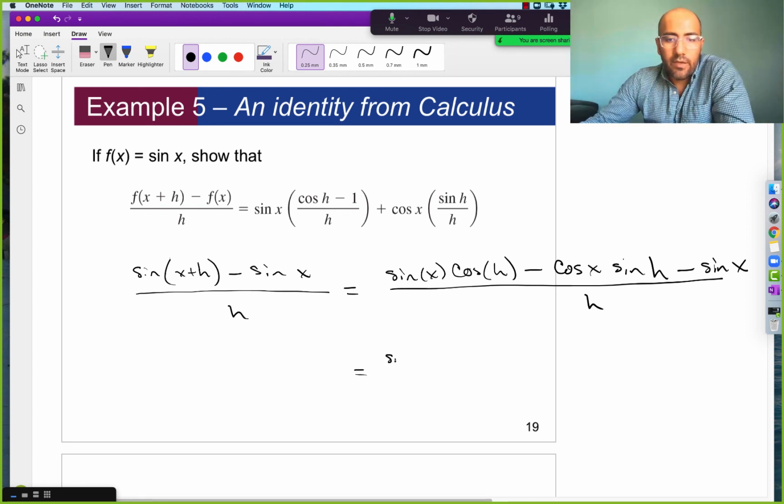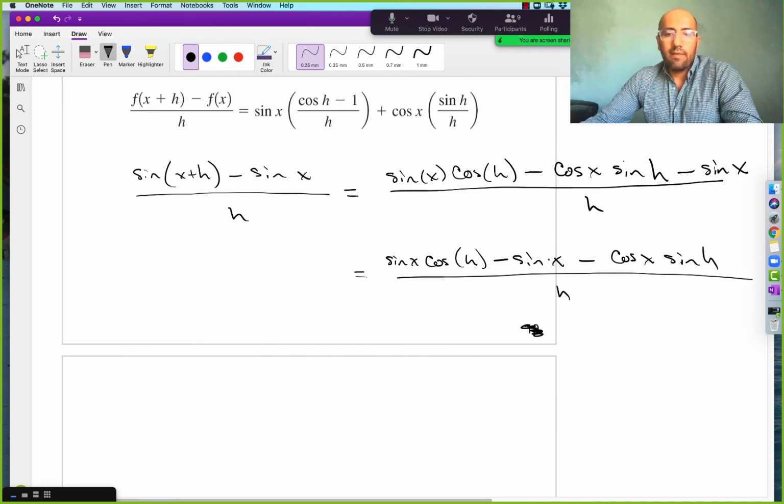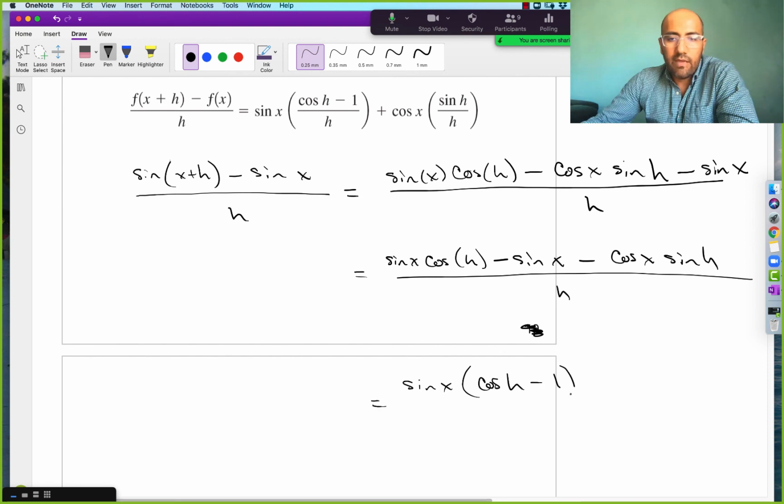So I'll end up with sine of x cosine of h minus sine of x plus cosine x sine h all over h. And then if I factor out the sine x, we end up with sine x times cosine of h minus 1, minus cosine x sine of h, all over h.